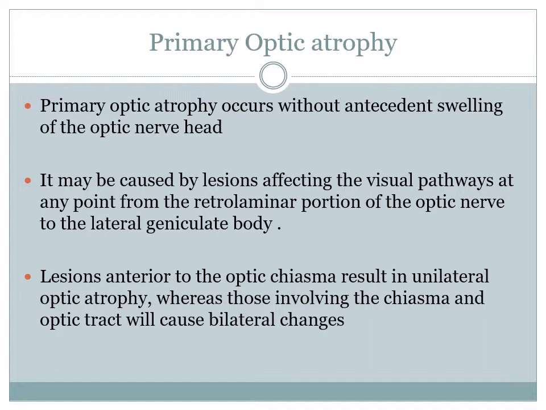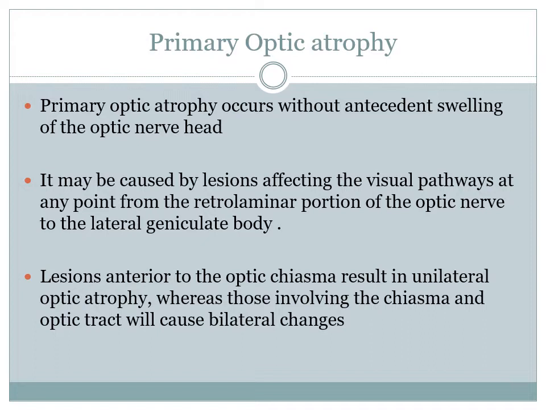This will lead to unilateral, same-sided optic atrophy. Whereas, if the lesion involves the chiasma, there is decussation from both sides. It will lead to both-sided damage to the optic tract, even retrochiasmal. The optic tract has ipsilateral temporal fibers and contralateral nasal fibers.